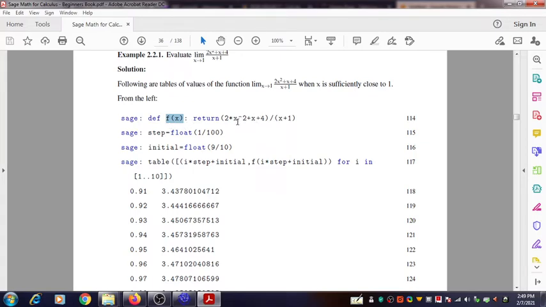Argument means the value for x, when a value for x is given to that function. So this is the explanation about the first line.